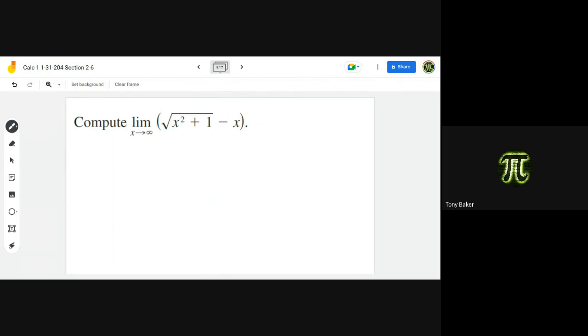So if I plugged in infinity to this, which you technically can't do, but we do all the time, what's the square root part going to? That's going to go to infinity, right? What's the x going to go to? Infinity. You would think, but it doesn't work that way. I can't do infinity minus infinity.